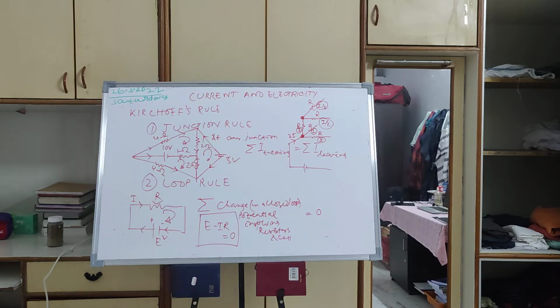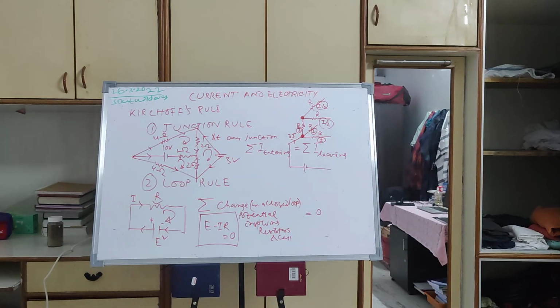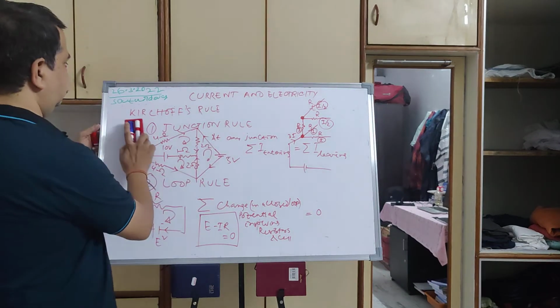Then another concept which is very important and from which you can get many numericals is the Wheatstone Bridge. So we'll get into the Wheatstone Bridge. We are done with Kirchhoff's rule.